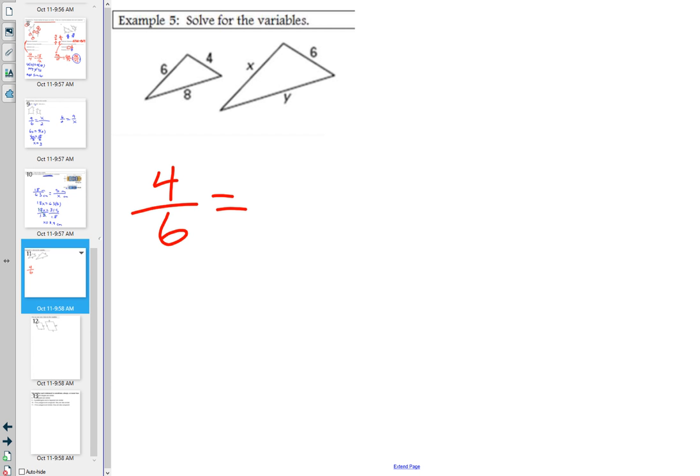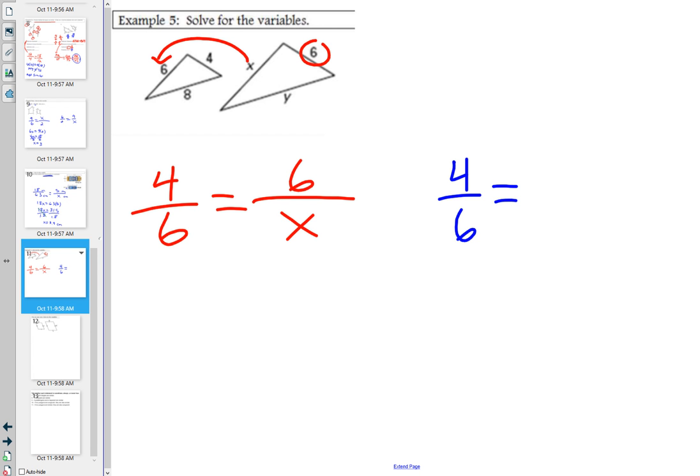Let's find x first. What does the x correspond to? It's going to line up with the 6, because the 6 that you're seeing is this 6 here. X is part of that triangle, so this x will go on the bottom. And then what measurement in the other triangle does that correspond to? 6. Let's do one for the y. I'm going to use the same scale, 4/6. The y is also part of the bigger triangle, or what appears to be bigger.